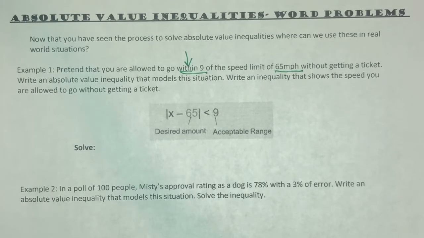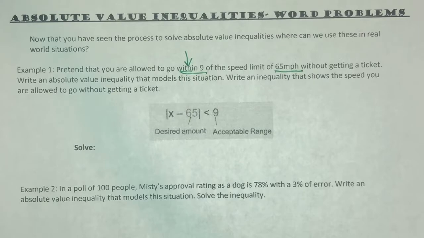I'm allowed to go within 9 miles of 65 without getting a ticket. Write an absolute value inequality that models the situation, and write the inequality by solving that shows the speed you can go without a ticket. What's nice about this sheet is it explains how you set it up.